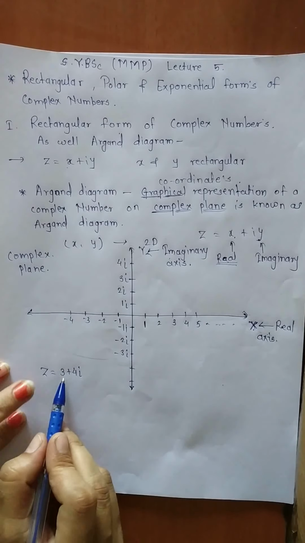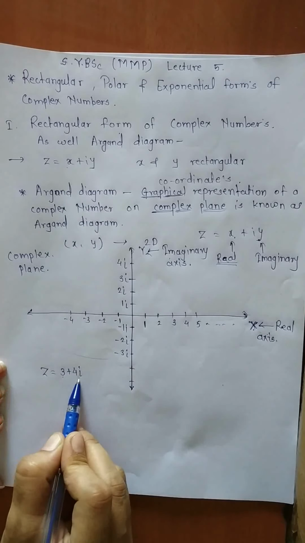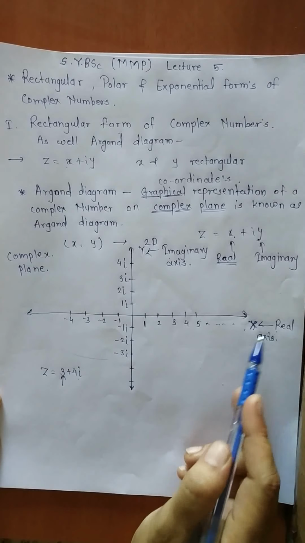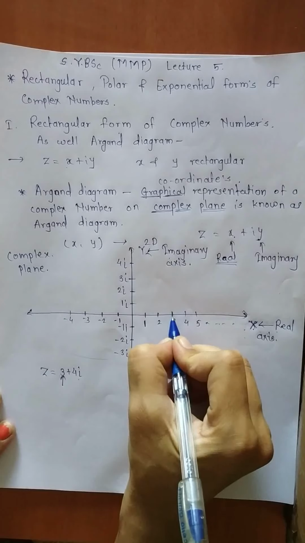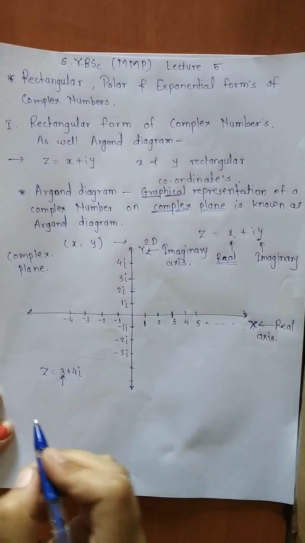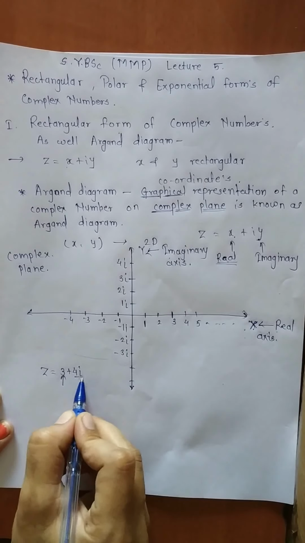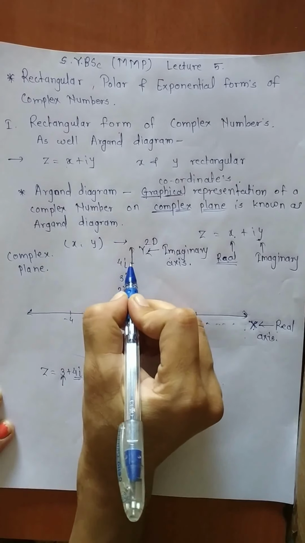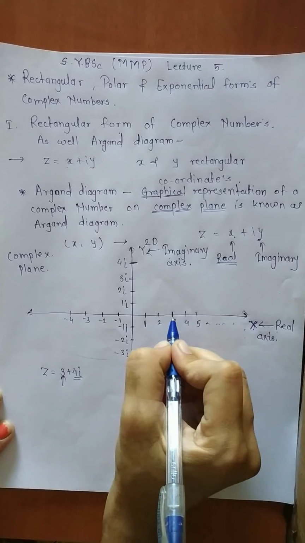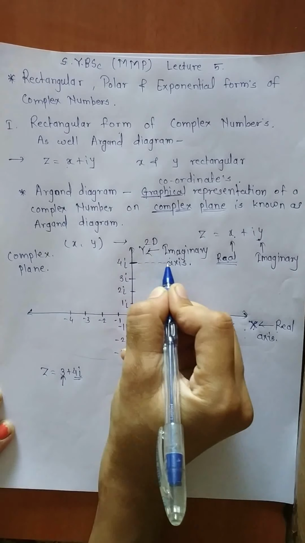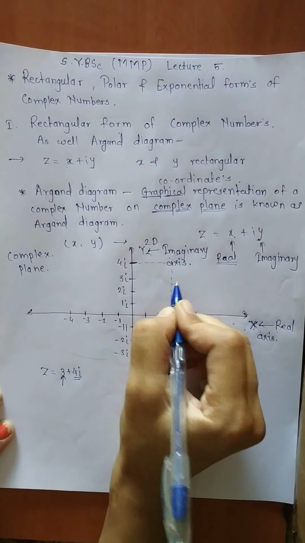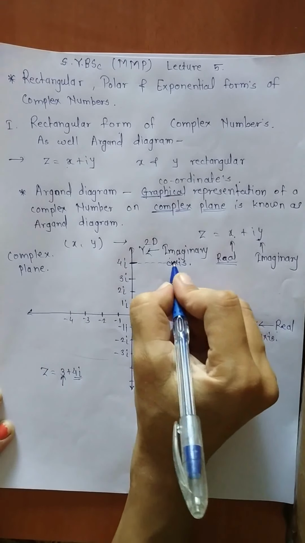Now if you observe, this is the real part and this is the imaginary part. The real part, that is 3, is represented on the real axis. This means this point. And then the imaginary part is 4i, so it is represented on the imaginary axis, that is 4i. And if you join both these points, you will get one point, this point.